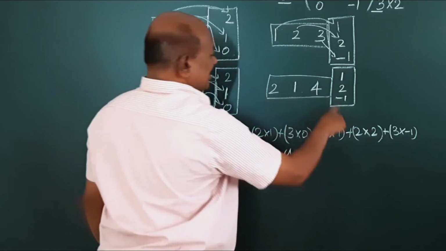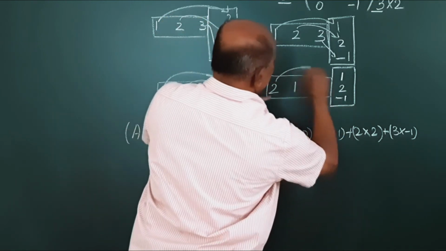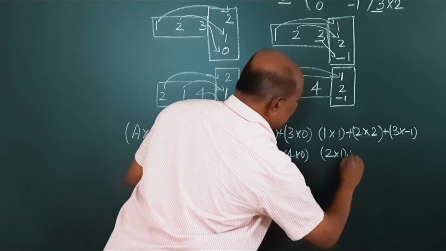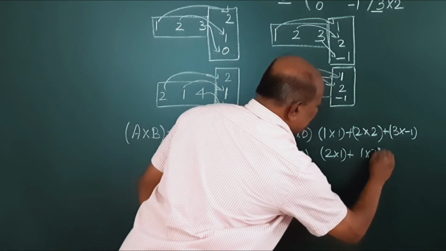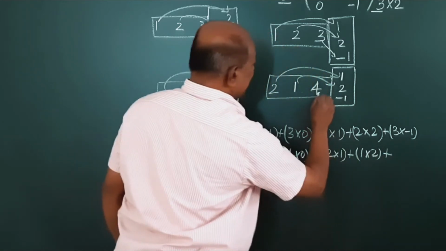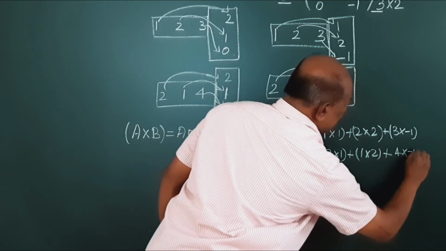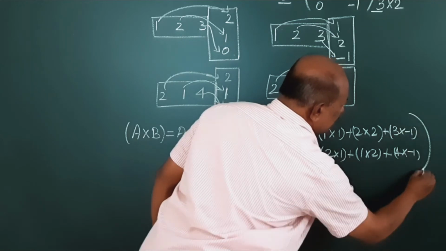Like that, second row, second column: 2 into 1 plus 1 into 2 plus 4 into minus 1.